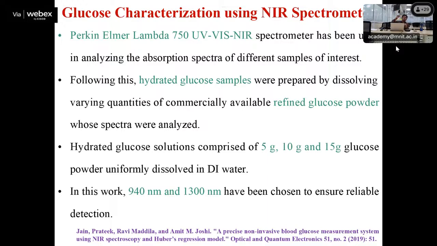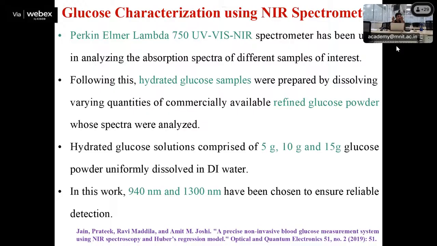Then we observed the spectrum of glucose water, where we diluted 5 gram, 10 gram, and 25 gram of glucose into 100 ml of water. The same thing we did with the glucose bottle, which has different concentrations: 5% concentration, 10% concentration, 25% concentration. That glucose bottle is also available in the market.